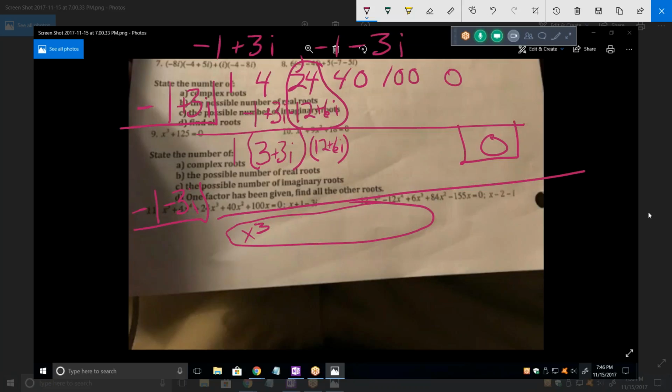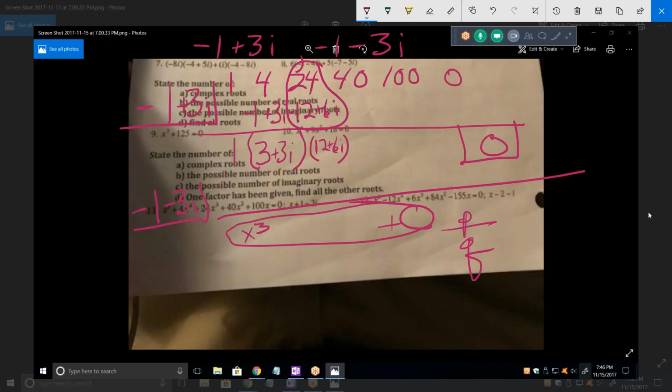If there is a rational factor to a higher degree polynomial, doesn't matter whether it's a cubic, quartic, quintic, whatever, then it will be P over Q, where P are all the factors of the constant, and Q are all the factors of the coefficient of the highest degree.